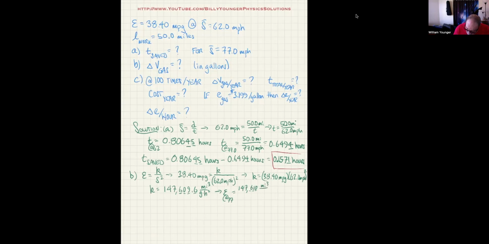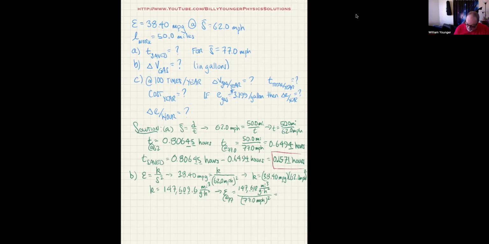That turns out to be miles cubed per gallon hour squared, and all that's going to be divided by 77.0 mph squared. So if I divide that by parentheses 77, notice I said parentheses because if I do 77 and then do quantity squared, it should only apply to the 77, but you always want to worry about that in terms of order of operations.